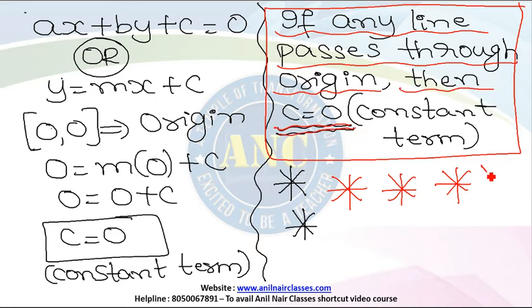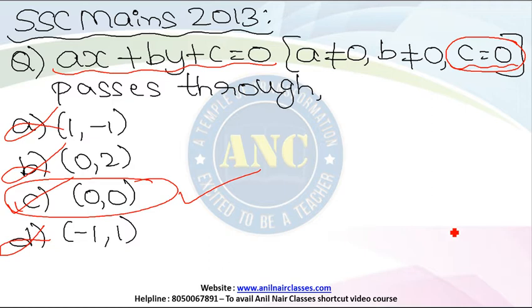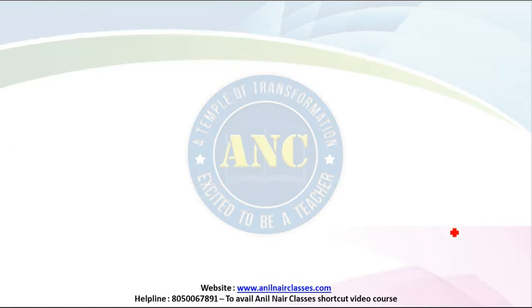Based on this important key point, we solved these two problems just now, one SSC original prelims question and another SSC original mains 2013 question. Before I move on to graphs, I believe these points are very clear for you people, sir.